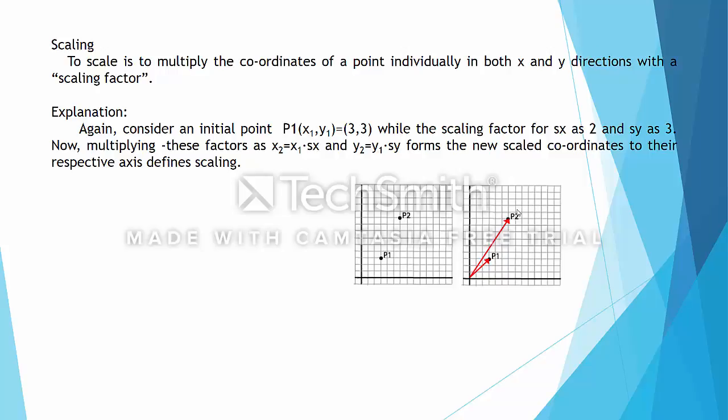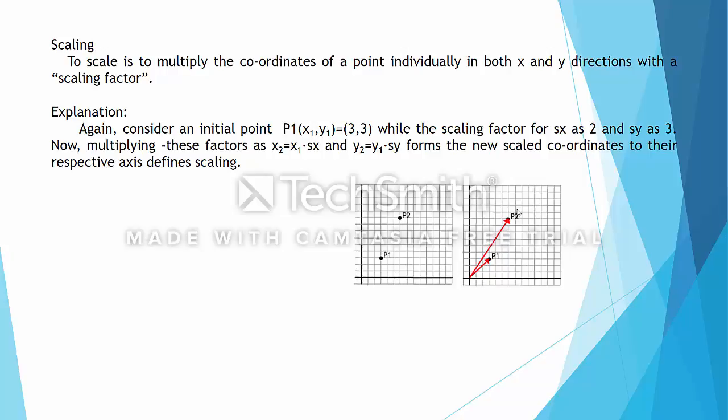Let us see what scaling is. To change the size of an object, scaling transformation is used. In the scaling process, we either expand or compress the dimensions of the object. Scaling can be achieved by multiplying the original coordinates of the object with the scaling factor to get the desired result.